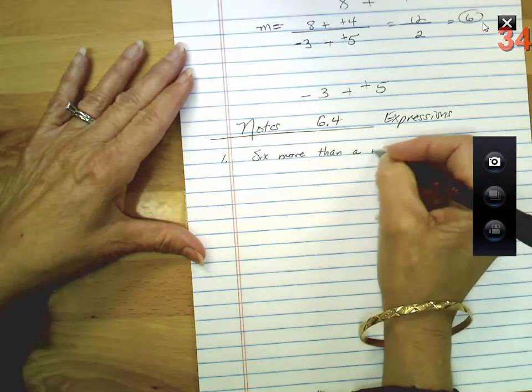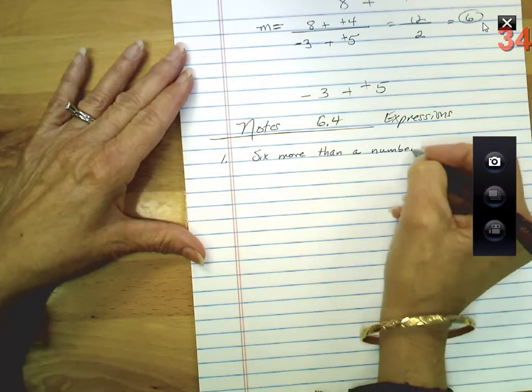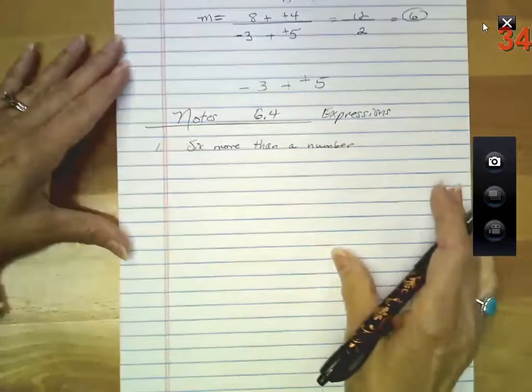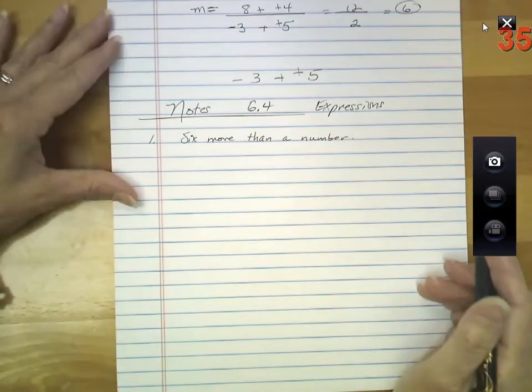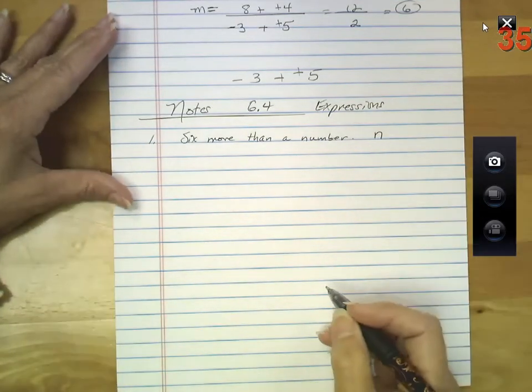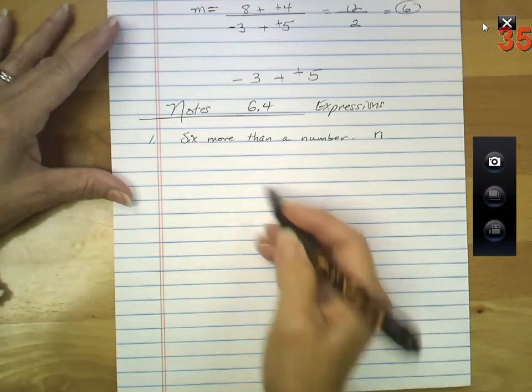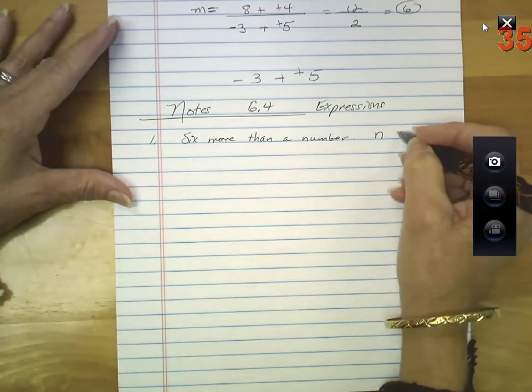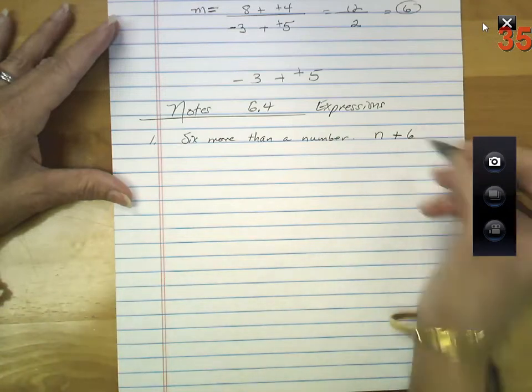The first one is 6 more than a number. Okay, 6 more than a number. I'm going to let n or x represent my number, and I want 6 more than that. So that will be n plus 6.